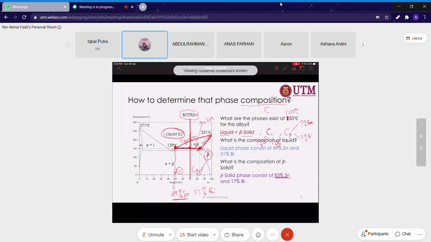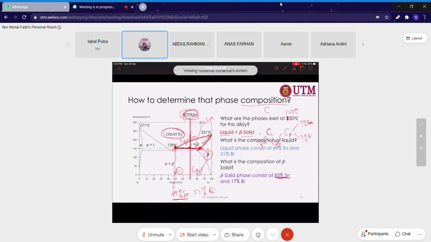Even though you already know that your alloy containing 70% stannum has specific mechanical properties, at this temperature your solid phase contains a higher stannum composition. This kind of information is very useful when you want to know the mechanical properties at this point and so forth. All right, so that's the composition determination.